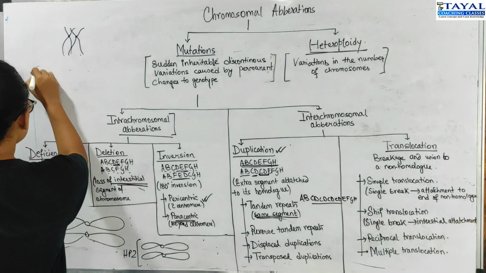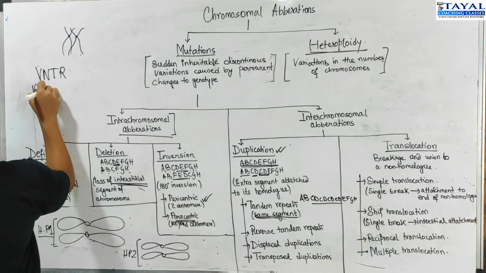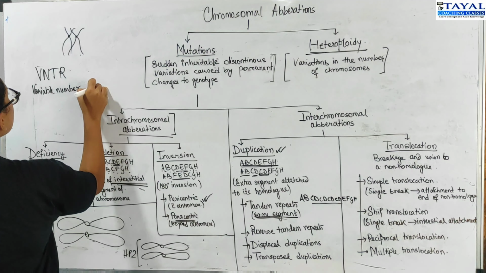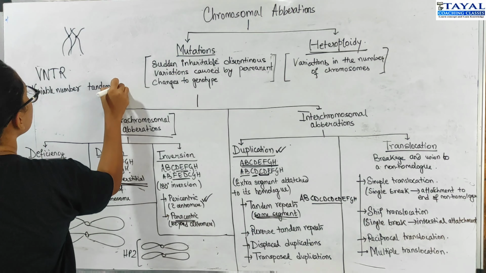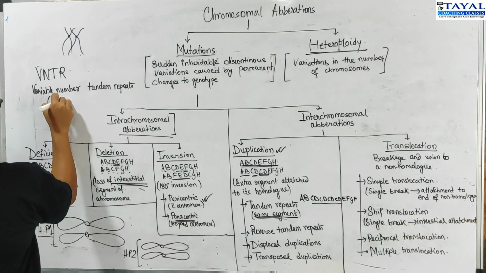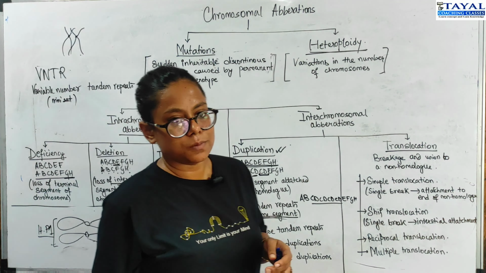There is something in our body which is known as the VNTRs. They are the variable number tandem repeats, which are found in the minisatellite regions of our chromosome, and they are used for something very interesting which is known as DNA fingerprints, because VNTRs are unique to individuals.